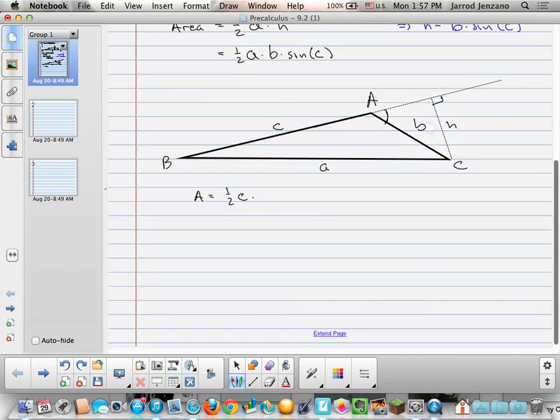But this angle in here is no longer angle A. This angle here is 180 degrees minus A, or pi minus A, which is what I prefer.